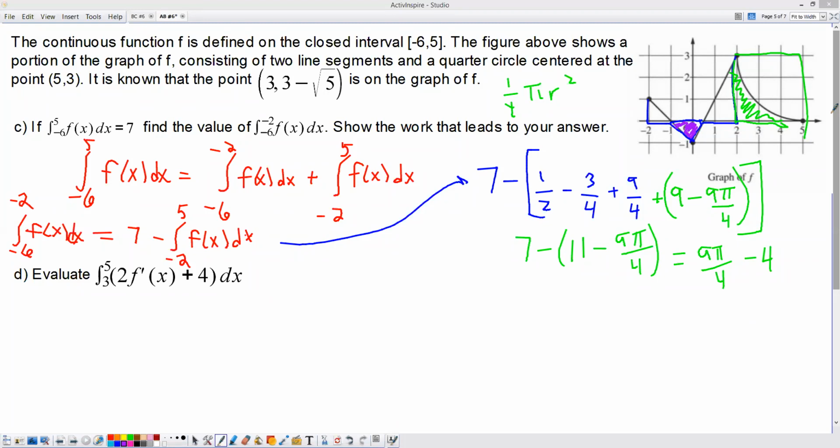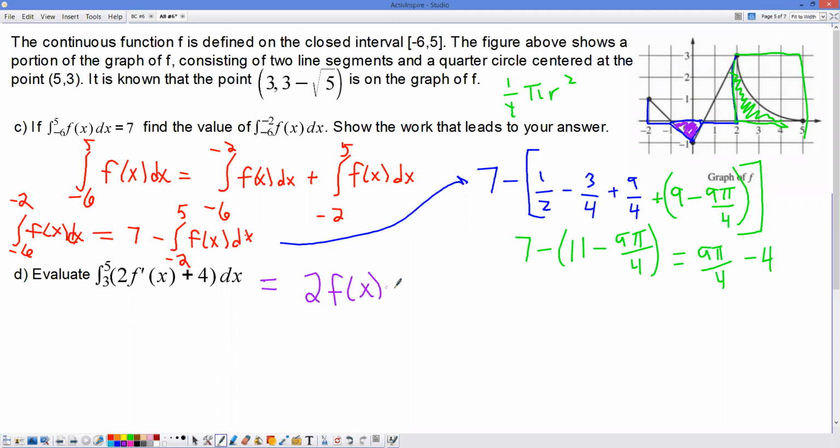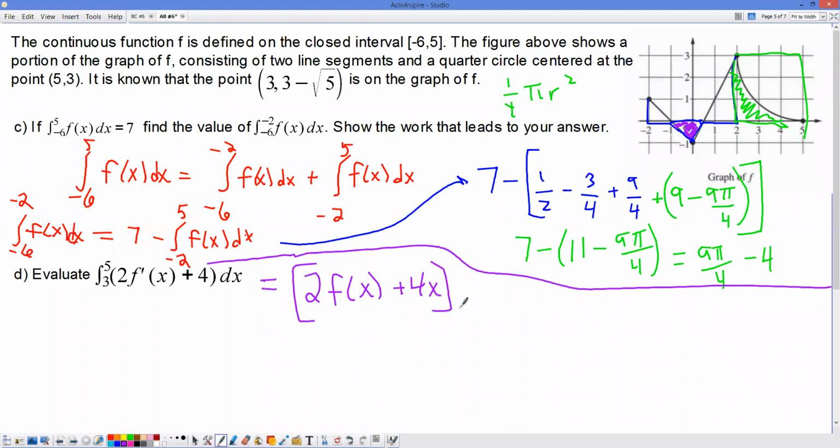All right, for part D, we're looking for the integral from 3 to 5 of 2f prime of x plus 4. So the integral of 2f prime of x plus 4 should be 2f of x plus 4x evaluated from 3 to 5.